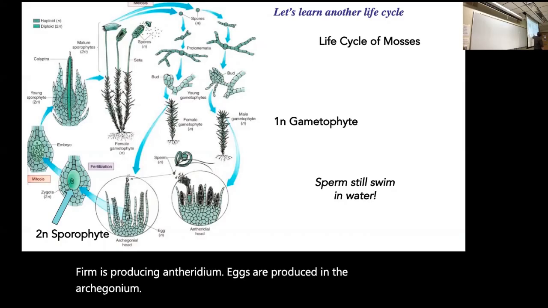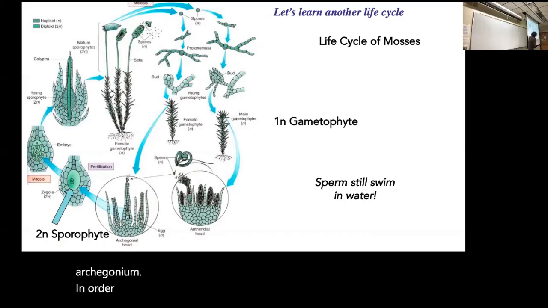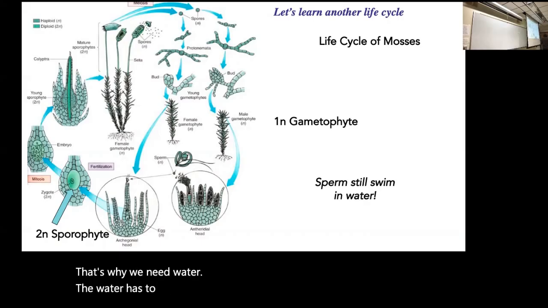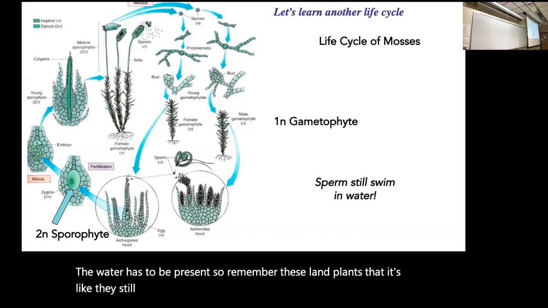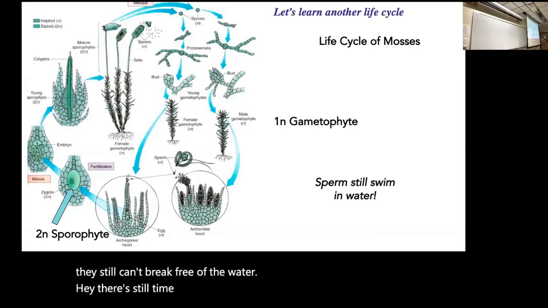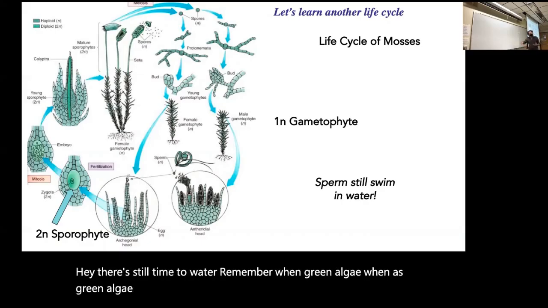In order for sperm to come into contact with egg, they have to swim. That's why we need water. Water has to be present. So remember these land plants, it's like they still can't break free of the water. Okay, they're still tied to water. Remember, green algae are bathed in water all the time, it's no problem.